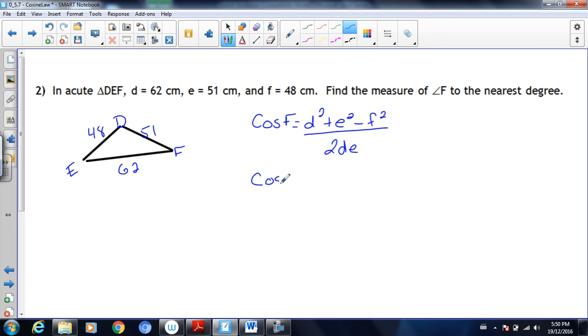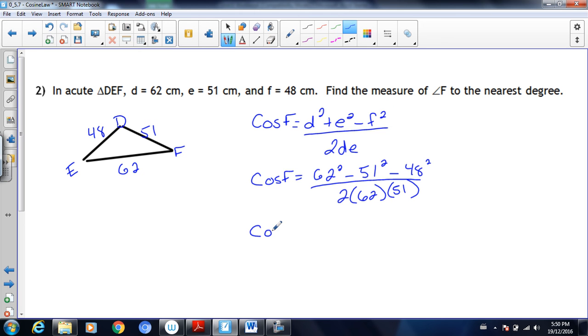So cos of angle F, we'll fill in what we know. d is 62 squared, plus e, which is 51 squared, minus f, which is 48 squared, all over 2 multiplied by d, which is 62, multiplied by e, which is 51.